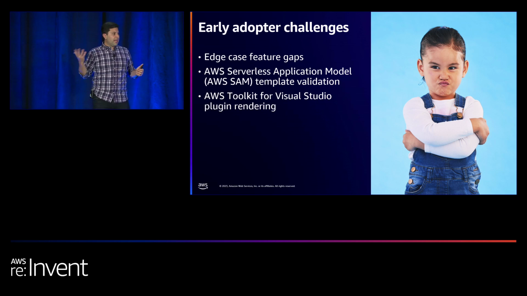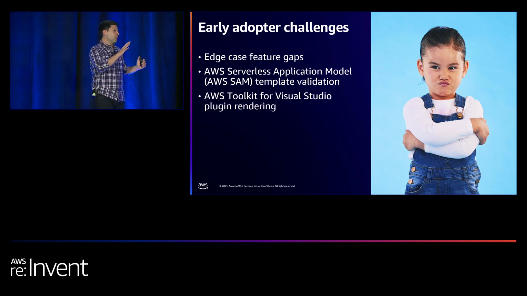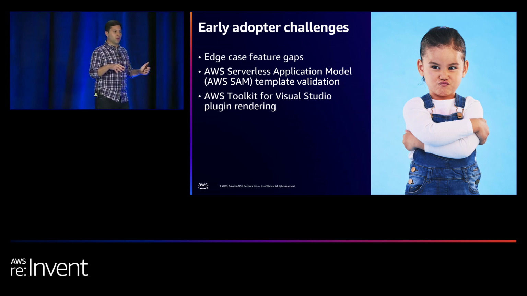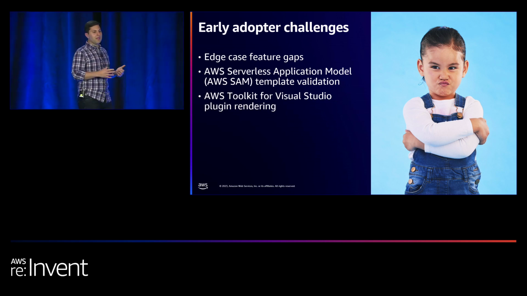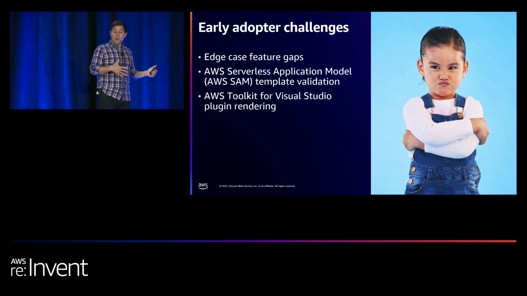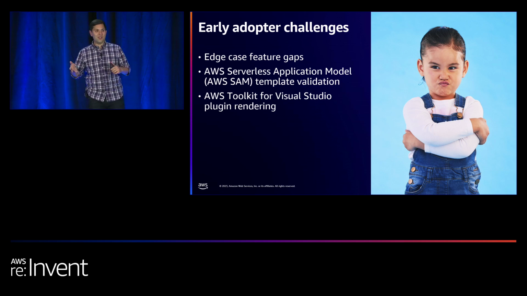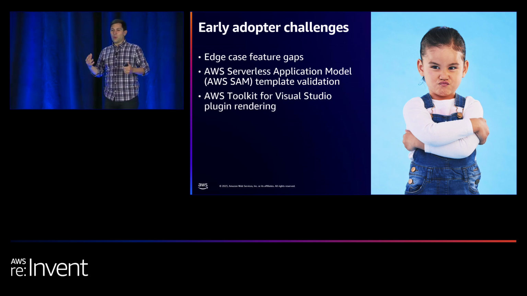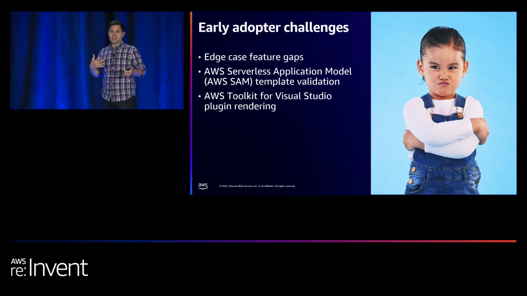We like to use AWS SAM, the Serverless Application Model. It's both a YAML-based language and a command line tool for building serverless applications. Given that distributed map was brand new when we started using it, we found that AWS SAM didn't quite know how to validate our templates when they included distributed map configuration. We knew it was valid, but SAM thought it wasn't because it wasn't up to date yet.